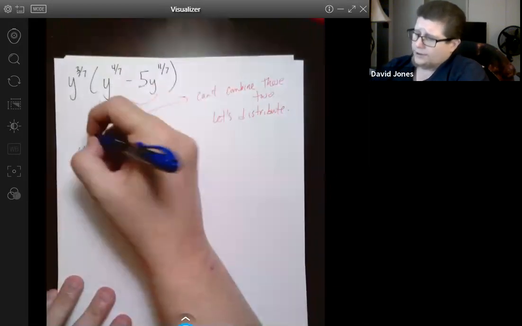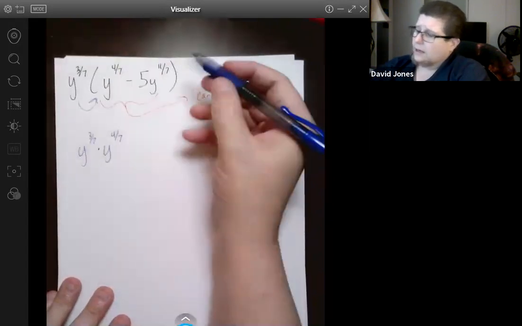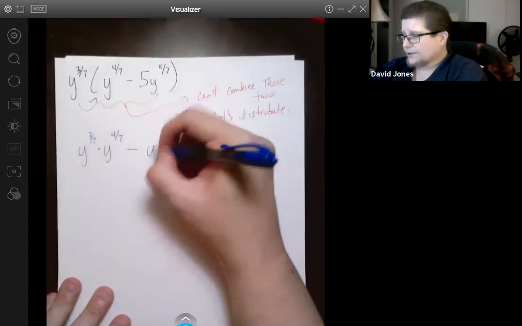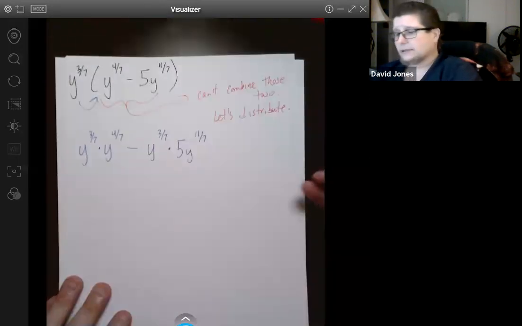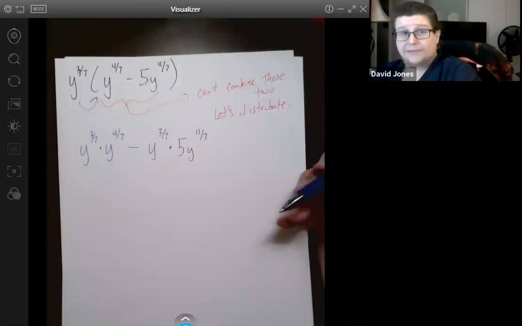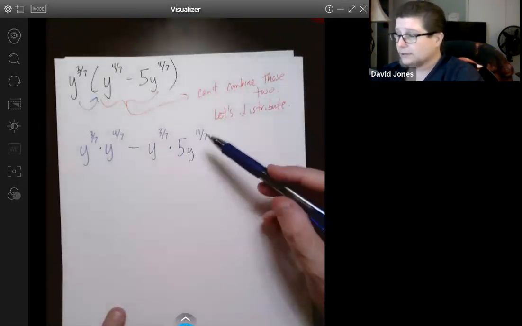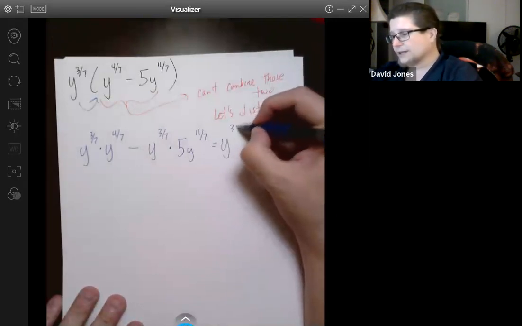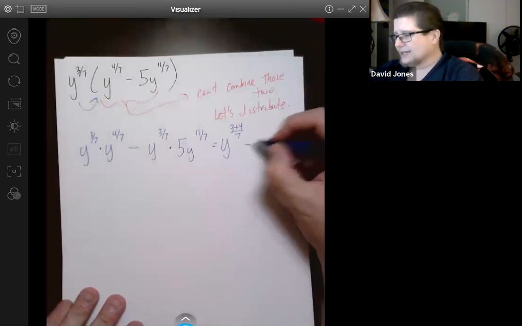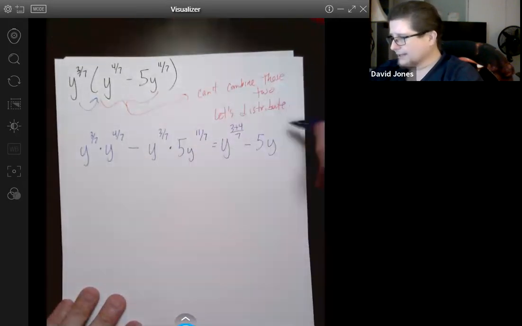So I've got y to the 3/7 times y to the 4/7. And I've got minus, and I can do y to the 3/7 times 5y to the 11/7. Now we can combine the y's the way they are because they have a common denominator and it's through multiplication. This is y to the (3 plus 4)/7 minus 5y to the (3 plus 11)/7.